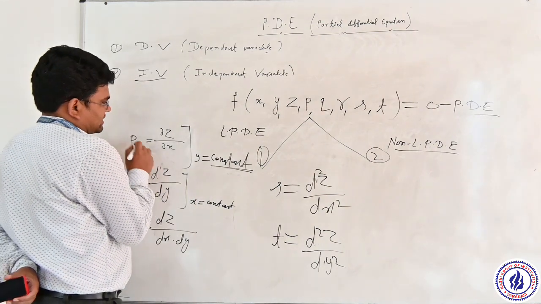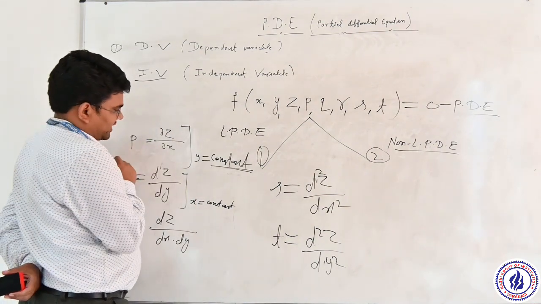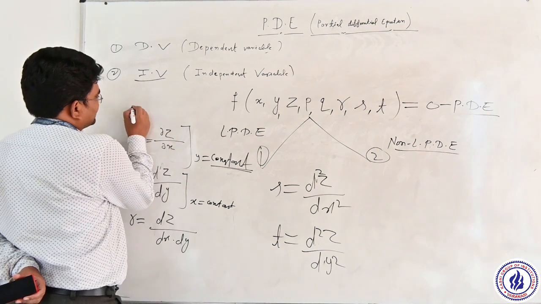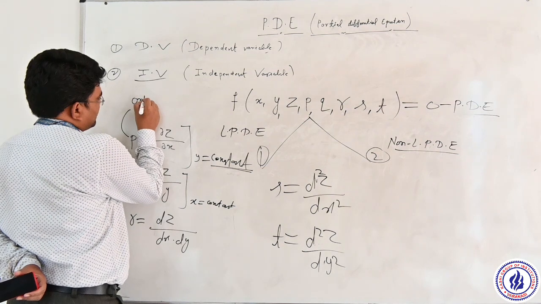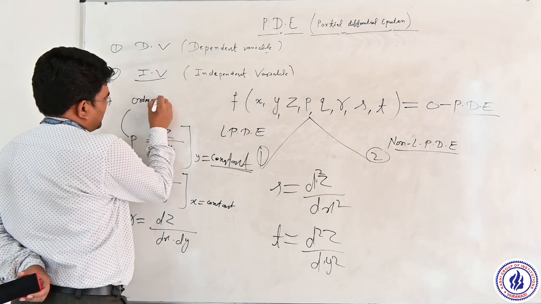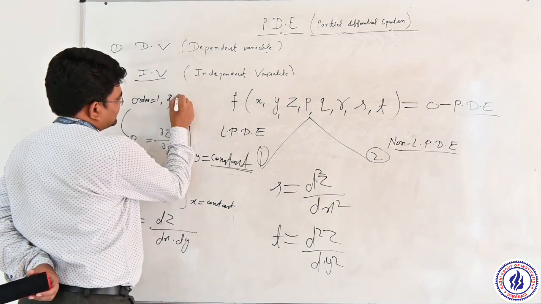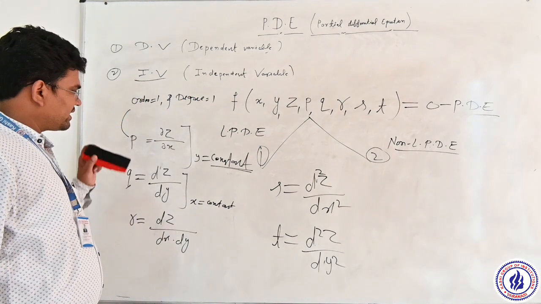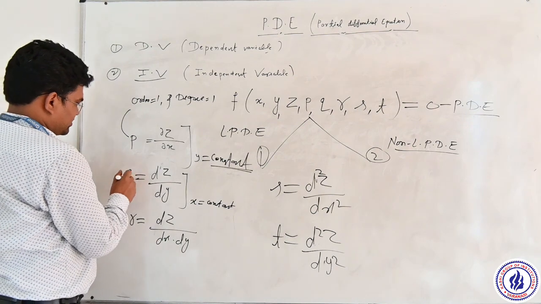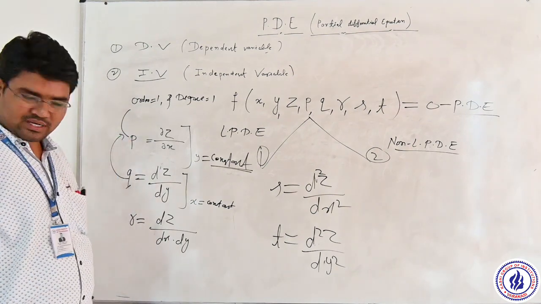So if we discuss the order and degree of this equation, we say P has order 1 and degree 1. Q also has order 1 and degree 1.